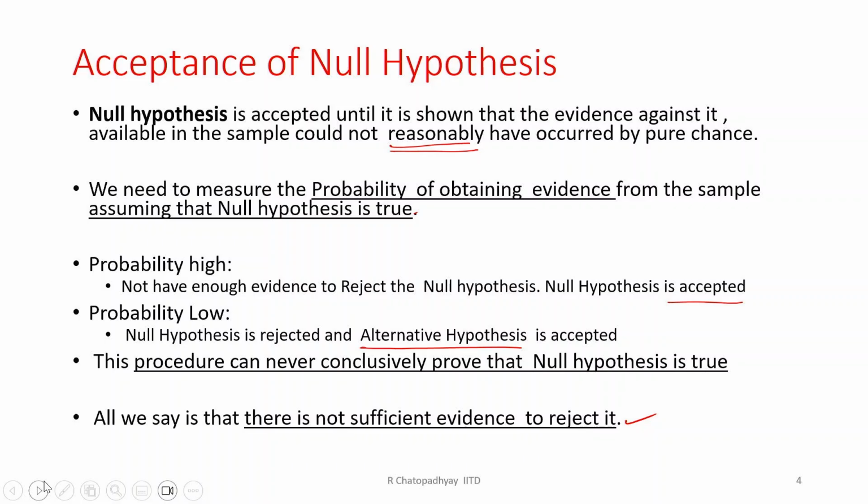As long as that evidence is not enough to say beyond a certain probability, there has to be reasonable evidence against him. Then only he is considered to be a criminal. Otherwise, he will be let off. He will be considered to be an innocent person.